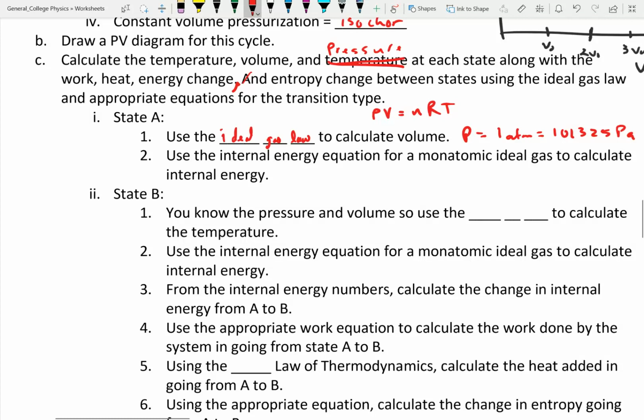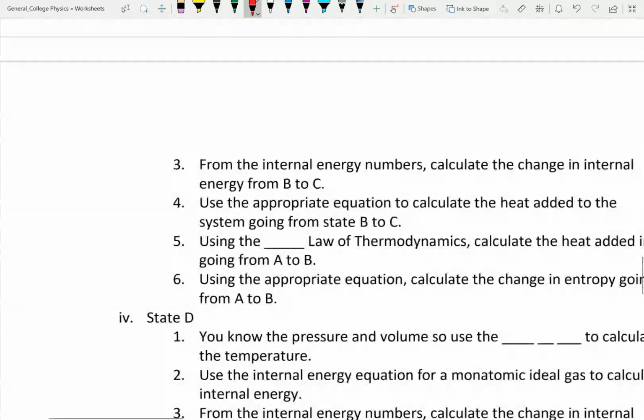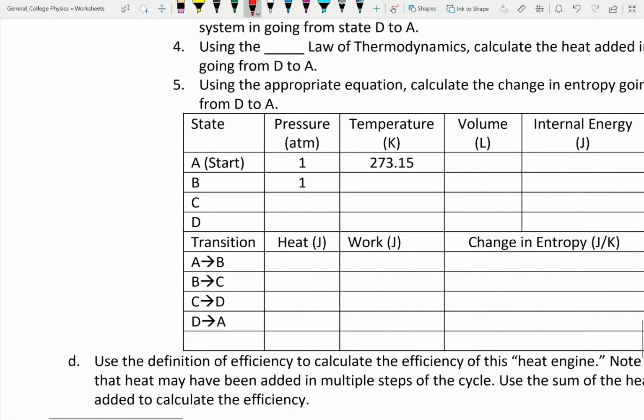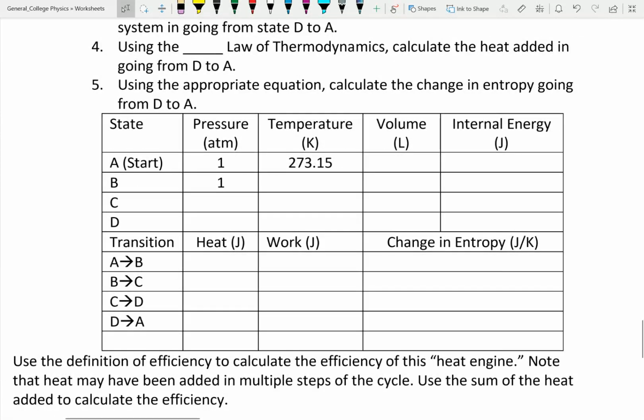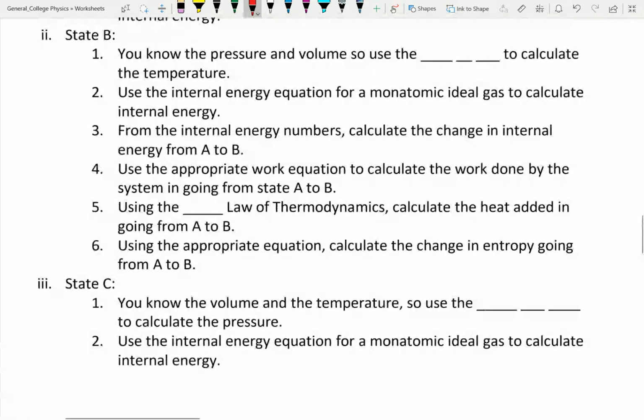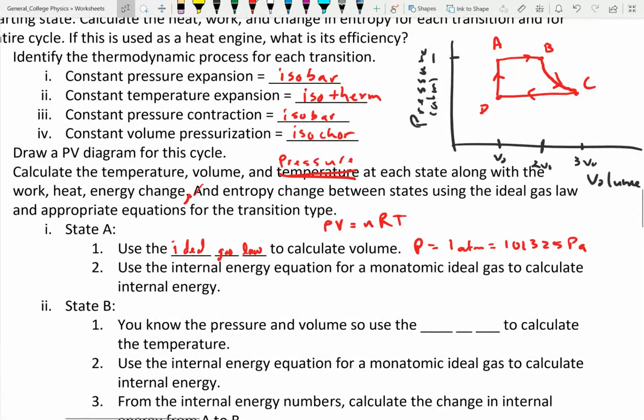I, in my not so infinite wisdom, chose to say, well, I have atmospheres. Let's use the units of liters, atmospheres, and moles and go from there. And so I did my calculations and I made this table here to put in the numbers in units of atmospheres, kelvins, liters. Well, like I said, that was a foolish decision. But I'm sticking with it because, hey, it gives us some practice.